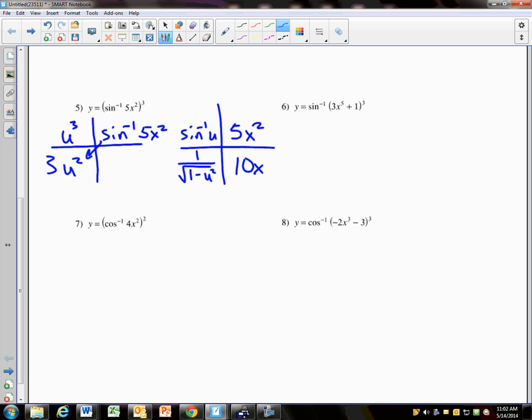So we're going to take this times this, and you get 10x on top, over the square root of 1 minus the square of 5x squared, which is 25x to the fourth.